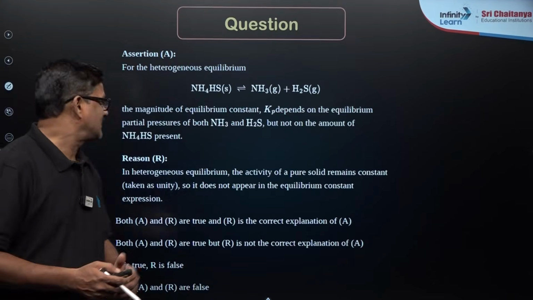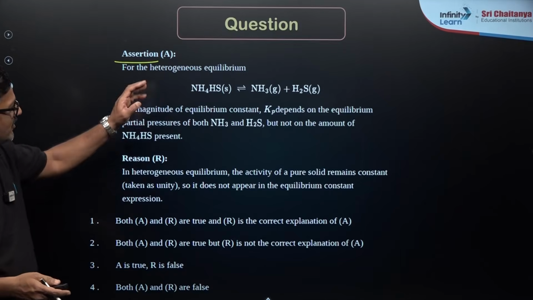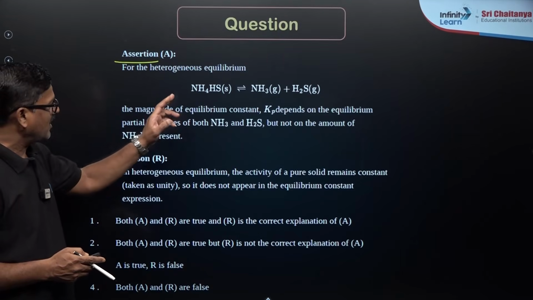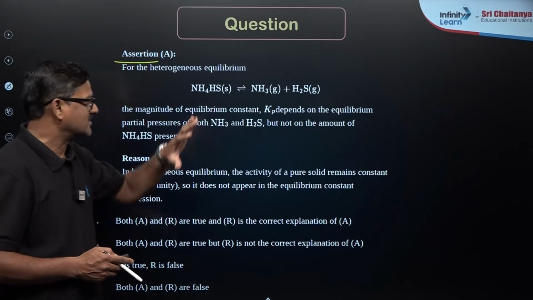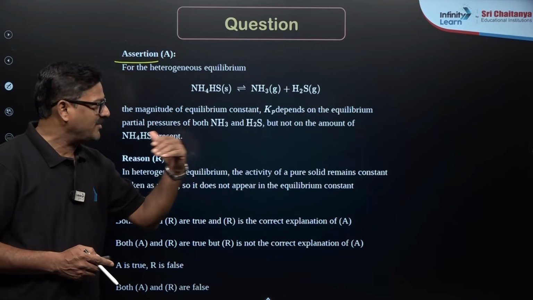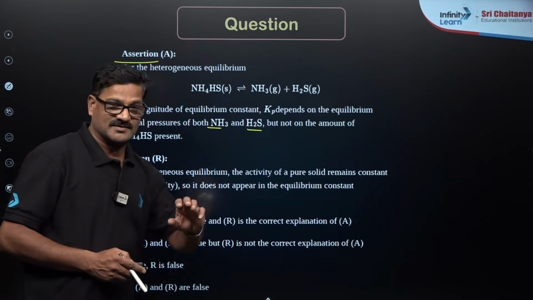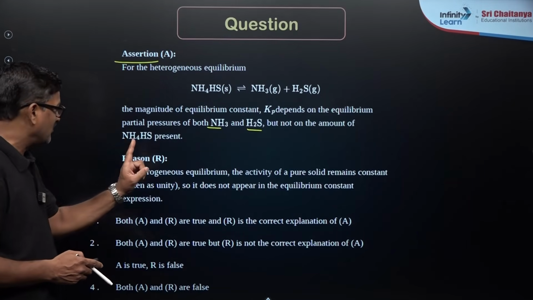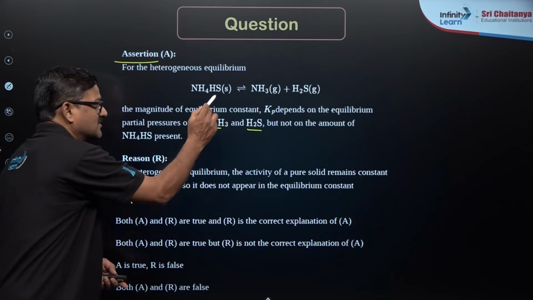Moving ahead, this is an assertion reasoning type question. It is said that for heterogeneous equilibrium, ammonium hydrogen sulfide solid in equilibrium with NH3 gas plus H2S gas, the magnitude of the equilibrium constant Kp depends on the equilibrium partial pressures of ammonia and H2S, but not on the amount of NH4HS present, because it is a solid.